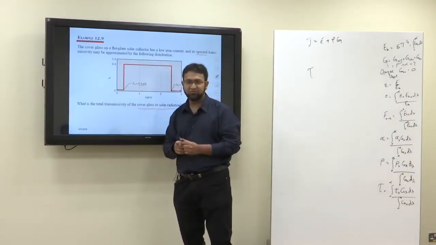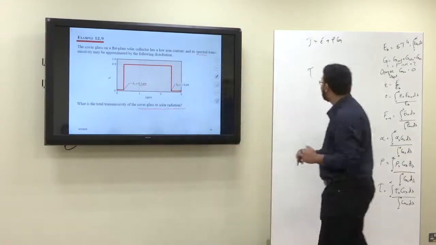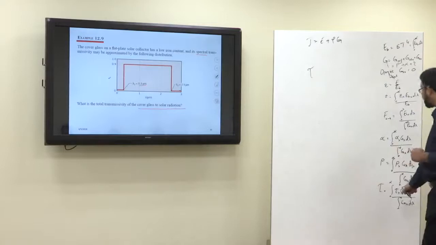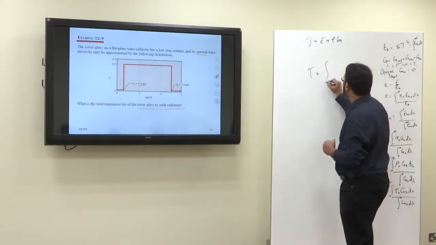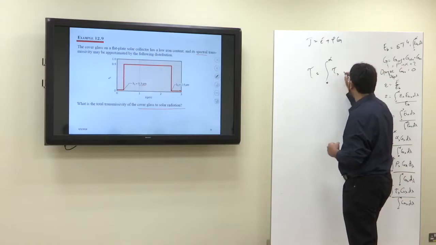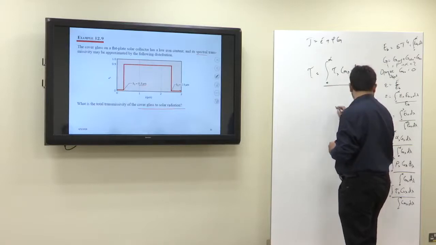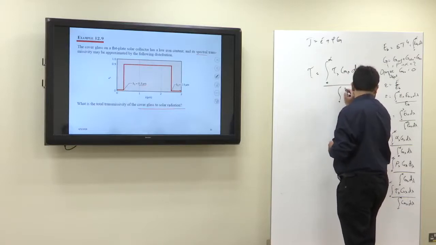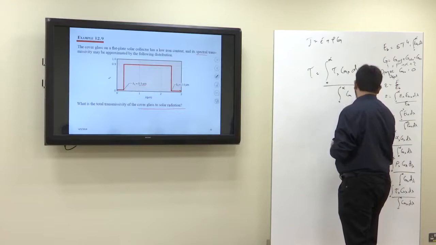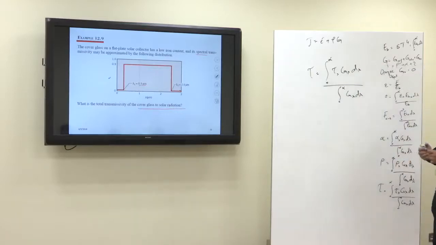We know tau as a function of wavelength, but we need to find out the total tau for this glass cover. So tau is basically what? The same formula. Tau is equal to the integral from 0 to infinity of tau as a function of lambda, G lambda, d lambda, upon the integral from 0 to infinity of G lambda d lambda, right?